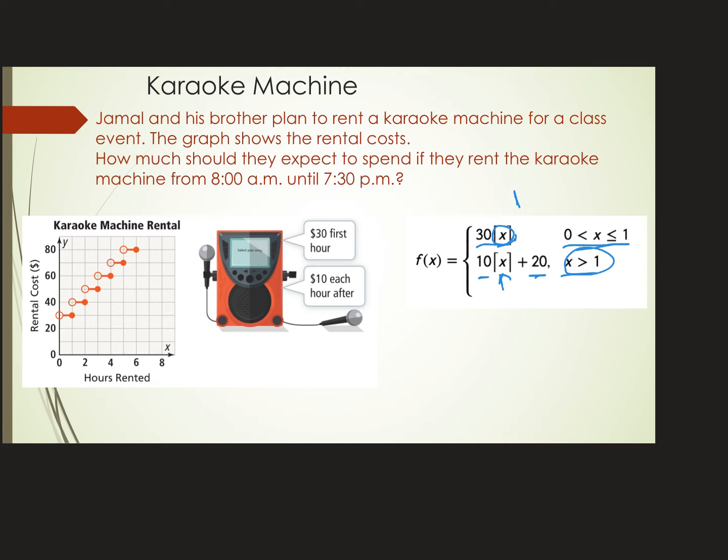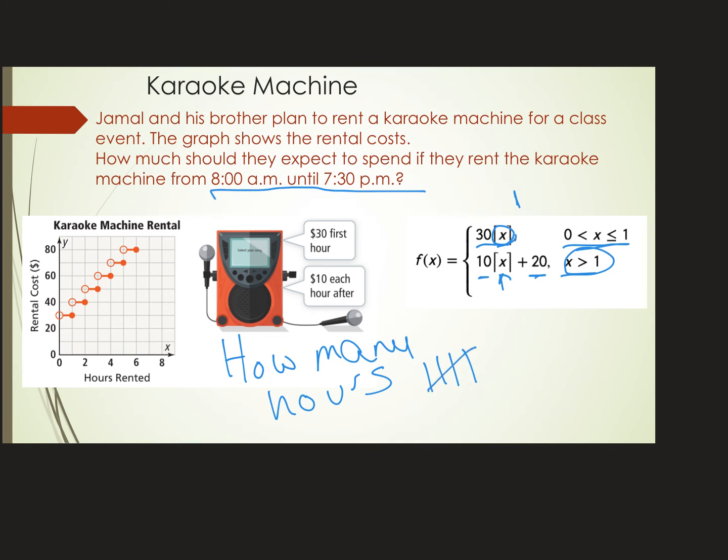So first question. They're going to have it from 8 a.m. until 7:30 p.m. How many hours is that? We can simply count. 8 to 9, 9 to 10, 10 to 11, 11 to 12, 12 to 1, 1 to 2, 2 to 3, 3 to 4, 4 to 5, 5 to 6, 6 to 7, and then another half. So we've got 11.5 hours.